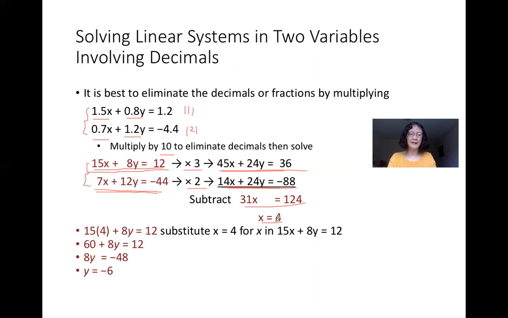Once you solve for x, you can plug x into this equation and solve for y. It is here. So when you have decimal places, you change them into integers and follow one of the three methods.